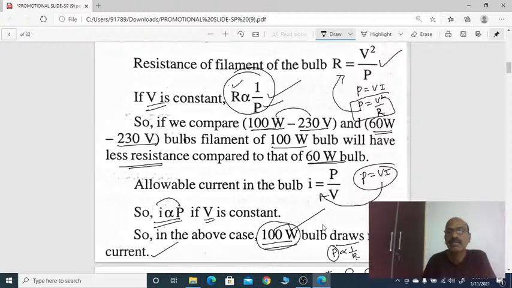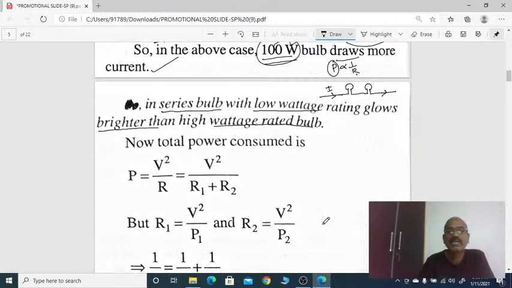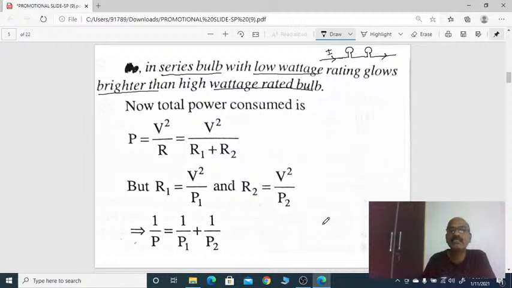Power is inversely proportional to resistance, so less resistance means the power will be more. So the 100 watt bulb will draw more current. Now the bulbs are connected in series, so the same current will flow through.